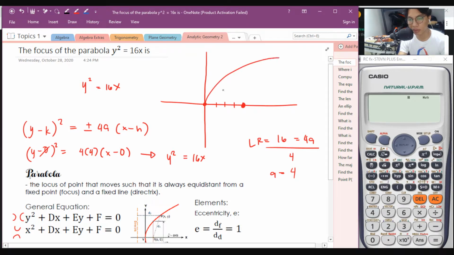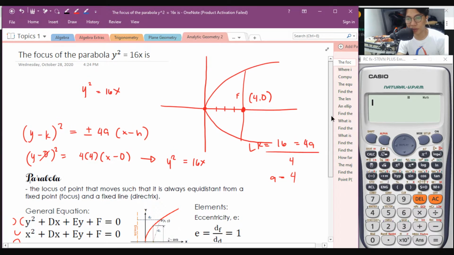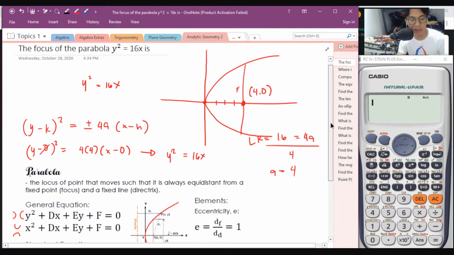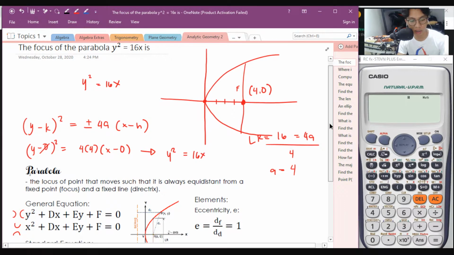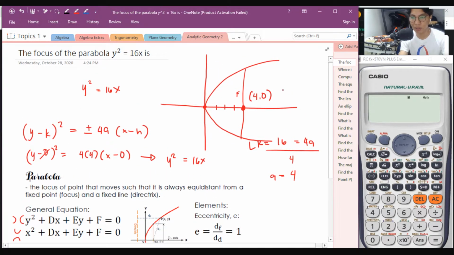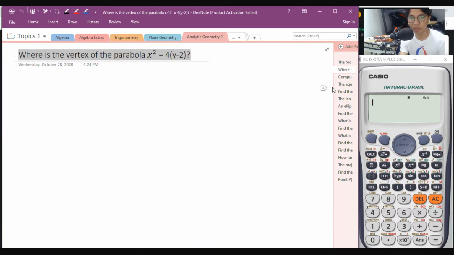Pag ganun siya. Dito yung inyong focus. Yan. A is 4. So, focus is 4 units, 4, 0. The focus of your parabola is at 4, 0. Correct. Number 2. Where is the vertex of the parabola?